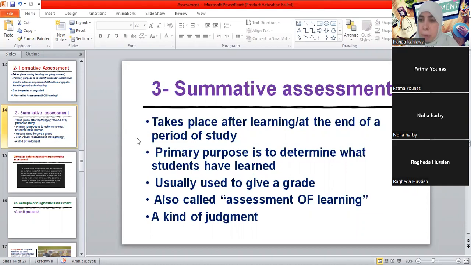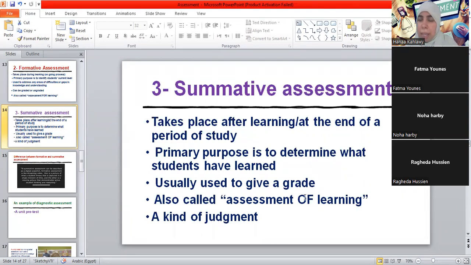And the main purpose here is to identify what students have learned. Have they achieved the learning objectives or not? Usually it is used to give a grade. So when we have a test on unit 1, a test on unit 3, this is summative assessment, okay? And it's called assessment of learning.